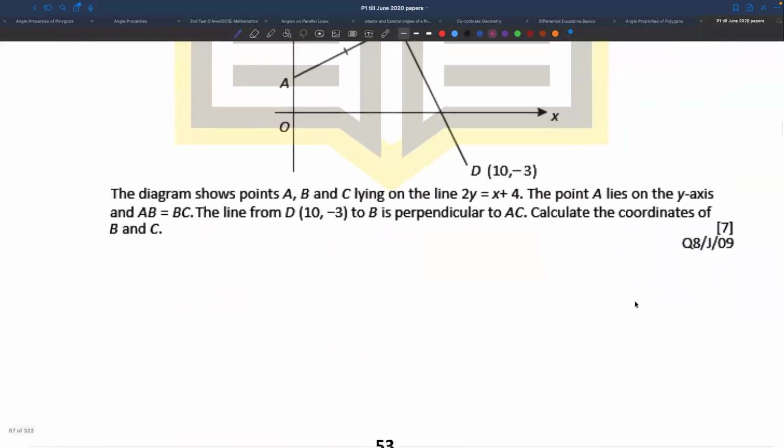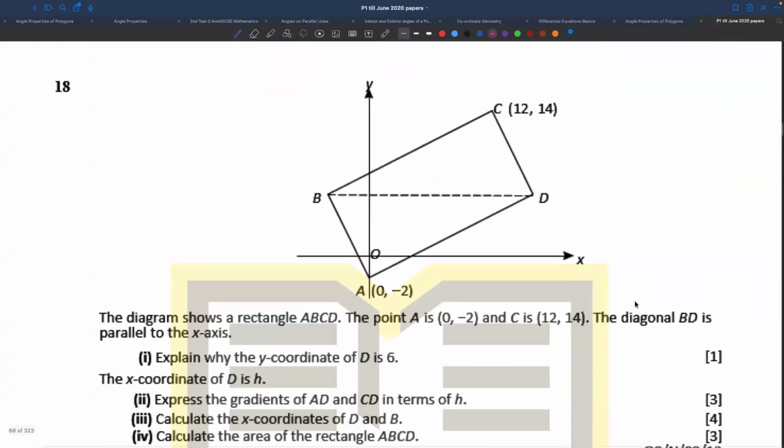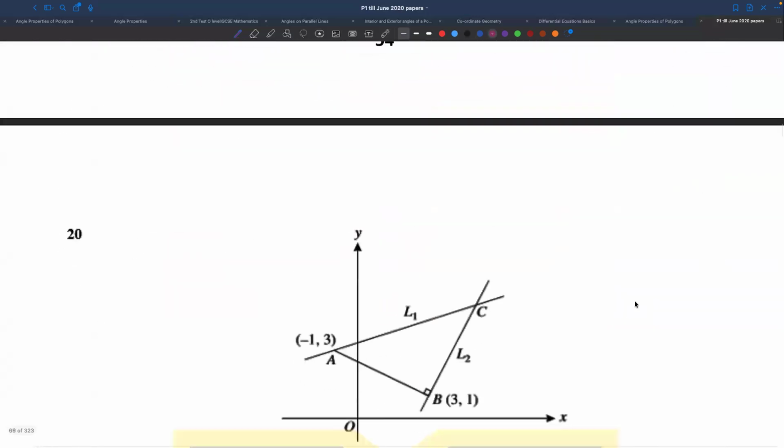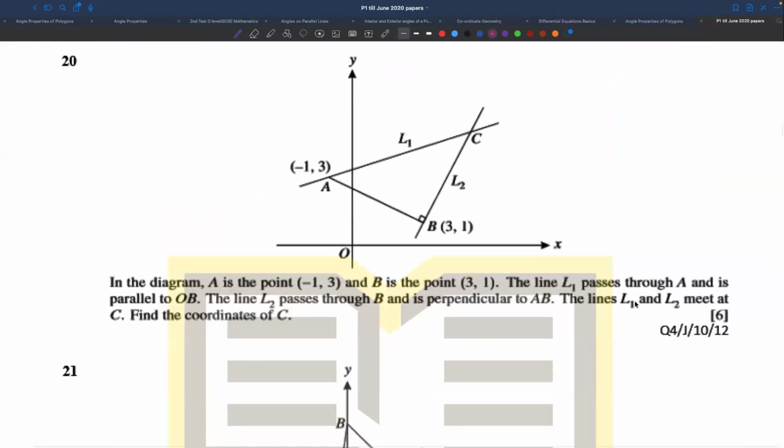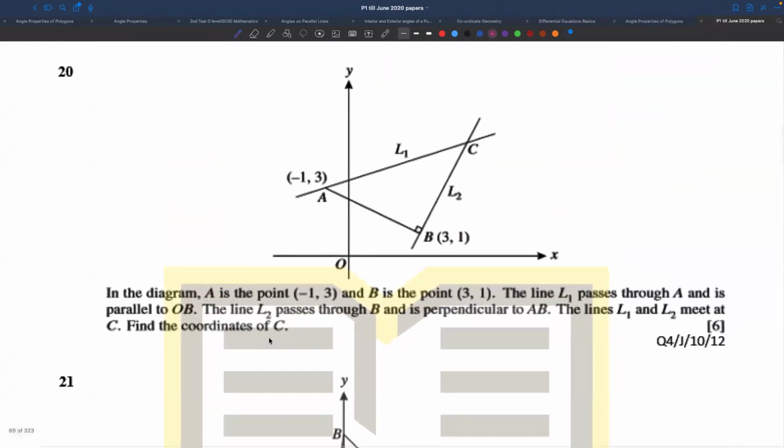Say any question, I can pick out any question, 7 marker, 10 marker. Let's see if there is any difficult one, but there isn't any. Look, find the coordinates of C. Again, to find this coordinate, if I can find the equation of this line and I can find the equation of this line, L2 and L1, I can find the coordinates of C. But how?